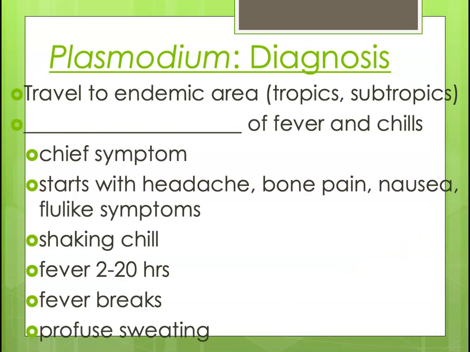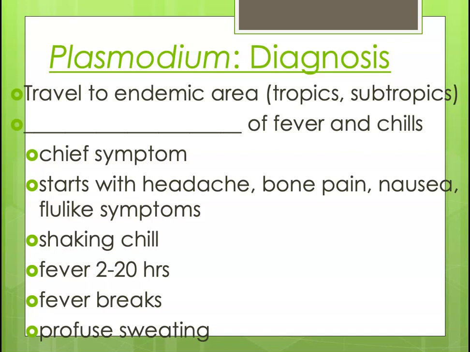So, diagnosing malaria. Number one question will be travel history. The next major thing are the symptoms, which are clumped together and called a paroxysm. So a paroxysm is a very defined cycle of symptoms that occurs at specific intervals, and it's always in the same order.